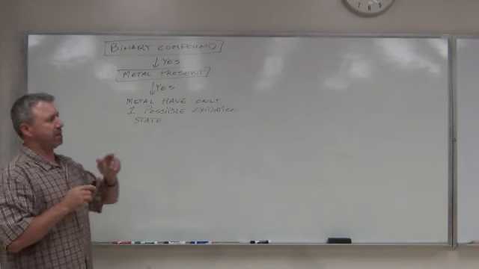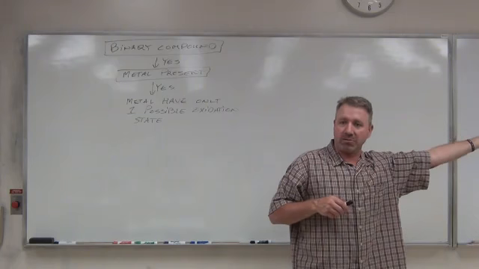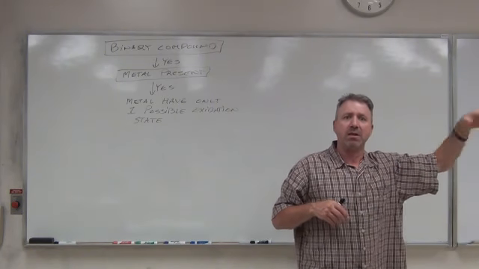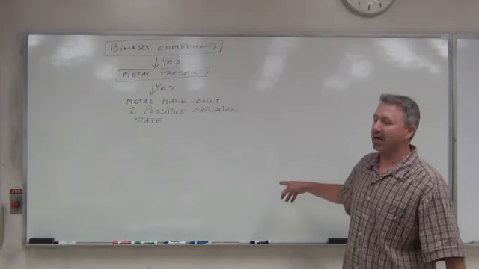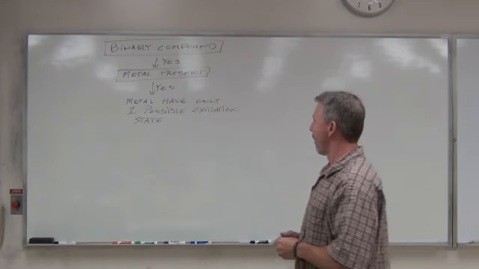And by the way, oxidation states are those plus 1s, plus 2s, plus 3s, minus 2s, minus 1s. They're those numbers that we were assigning to the ions when we formed them. Okay?